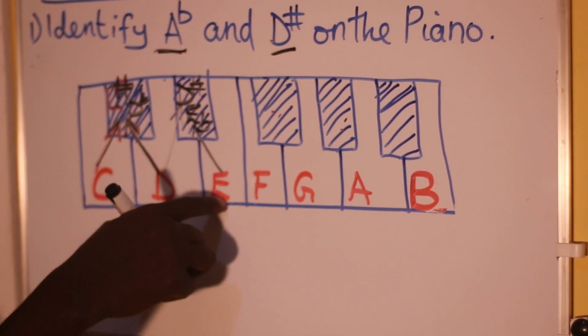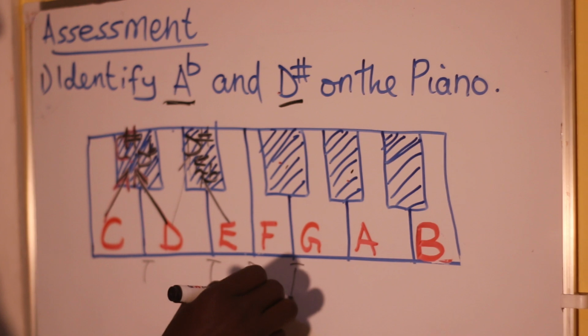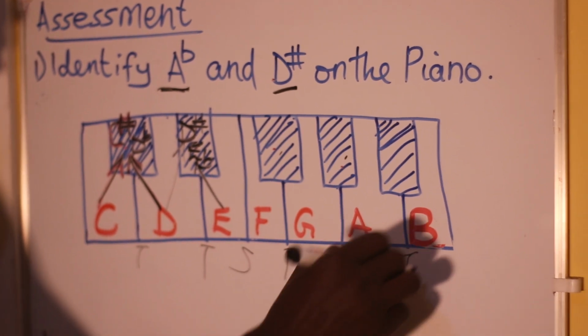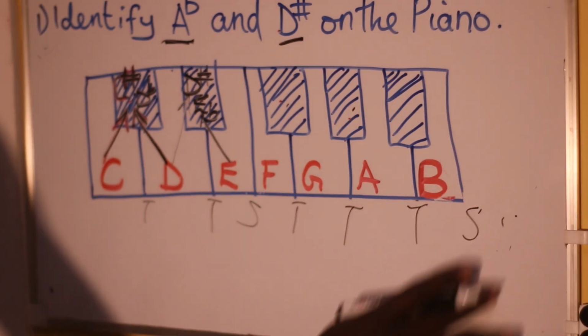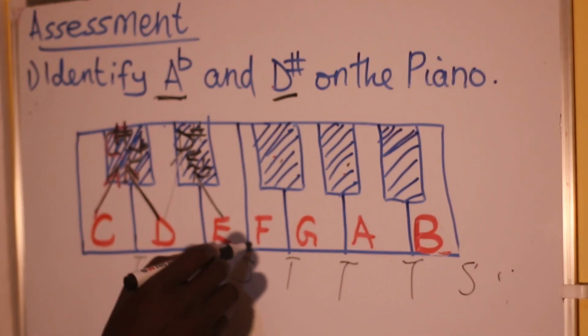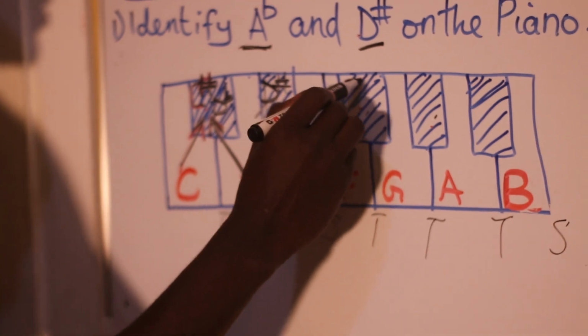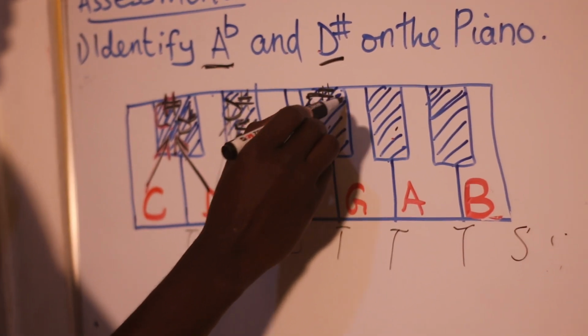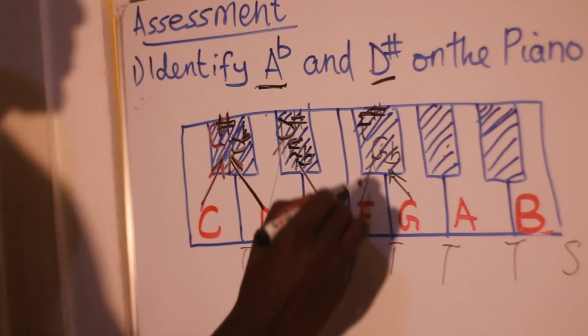Then here we don't have a black key. This is a semitone, where we say tone, tone, semitone, tone, tone, tone. You can also have two semitones there as we had in the description. So look at this one after skipping. F will be sharp. G will be flat.